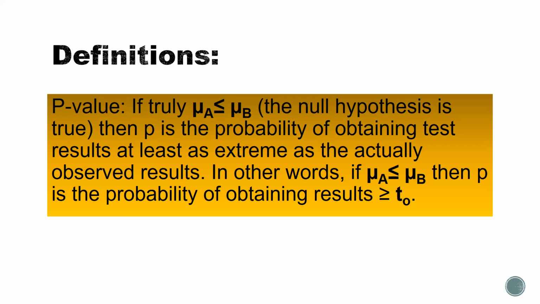So p-value, to define it: if truly the null hypothesis is true, then p is the probability. In other words, p-value is the probability of obtaining test results at least as extreme as the actually observed results. In other words, p-value is the probability of obtaining what?